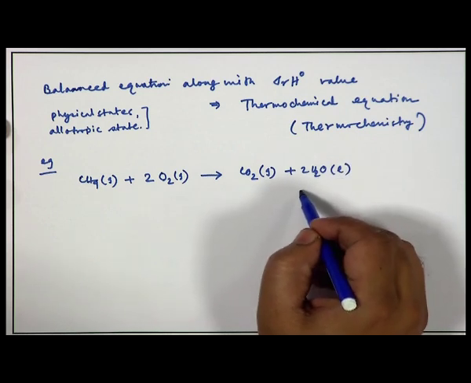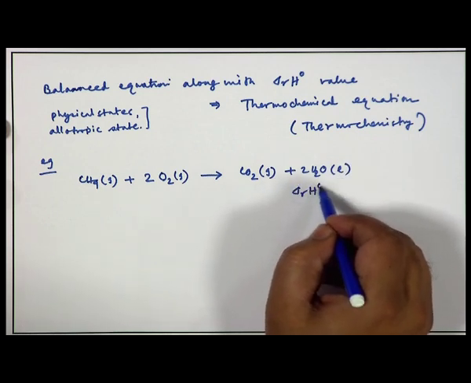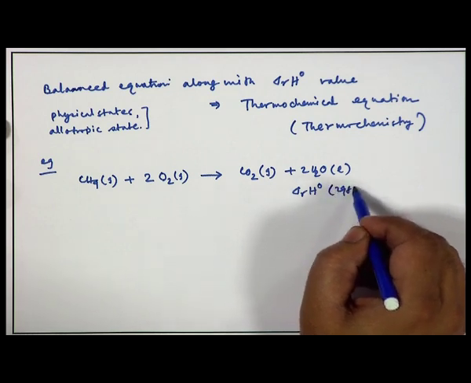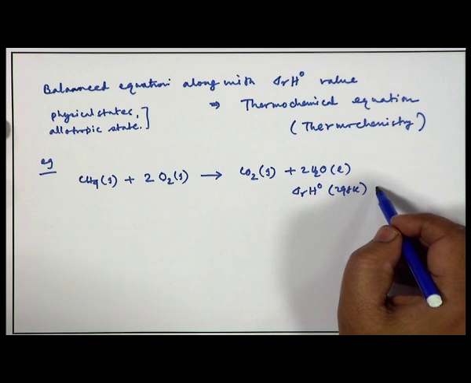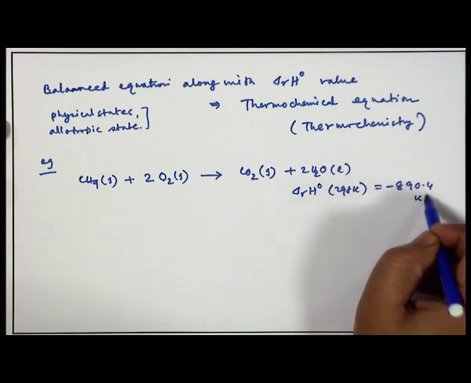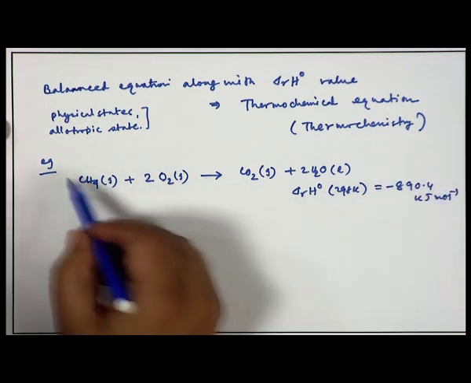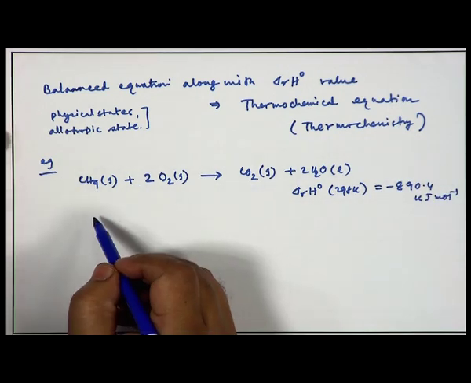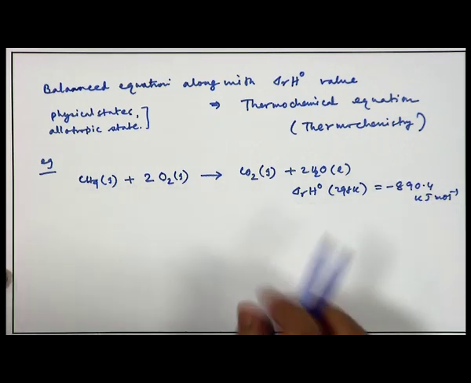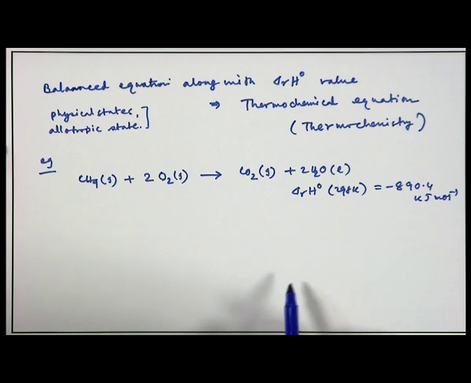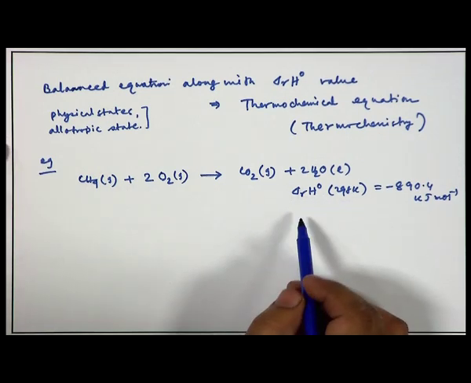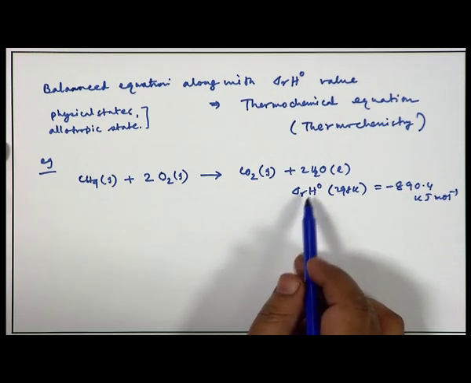Now, in this case we are also giving the value for the enthalpy of reaction. It is better to write what temperature it is, 890.4 kilojoule per mole. So, this entire thing is called a thermochemical reaction, and there are a few things you should keep in mind about this thermochemical reaction and the property of delta H reaction.